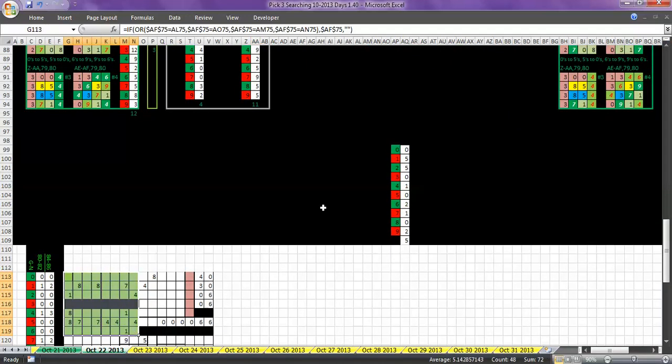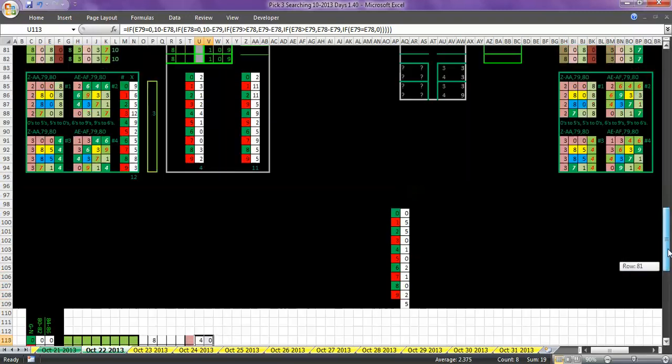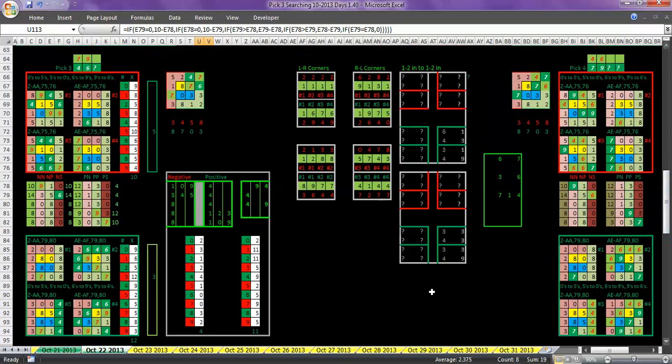I've just not figured out how I want to lay it out in the charts yet. And this part is another area that, since looking at the Pick 4 more, definitely needs to be looked at and gone through. Anyway, we've got our patterns here. There's the 4 6 4, 9 7 9, 9 7 9.